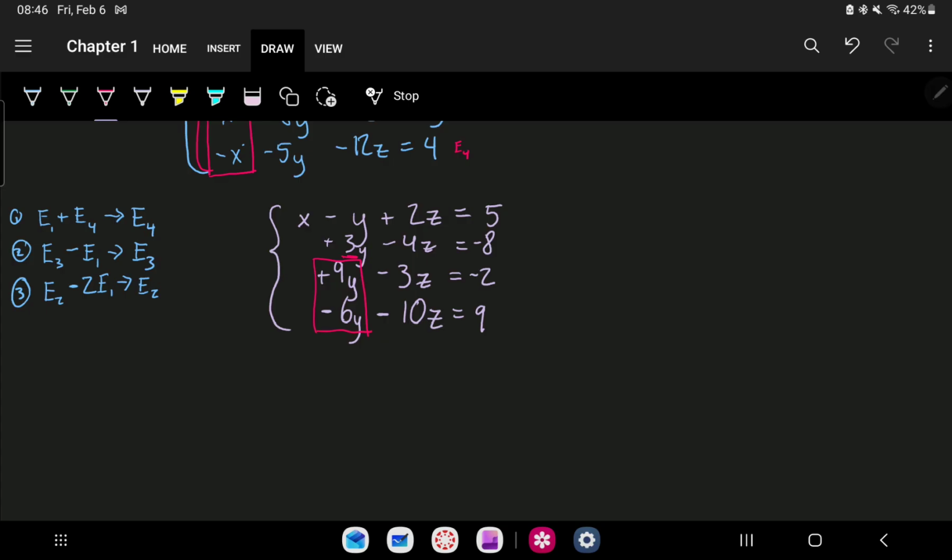So let us see if there might be a way to do that without making any fractions. Yes, there certainly is. Since 9 and 6 are both multiples of 3, we can definitely make this work.